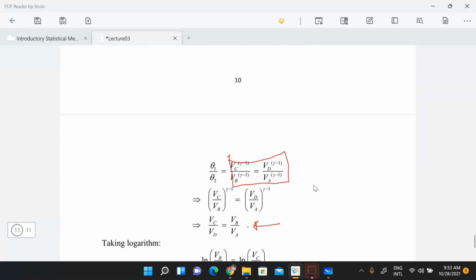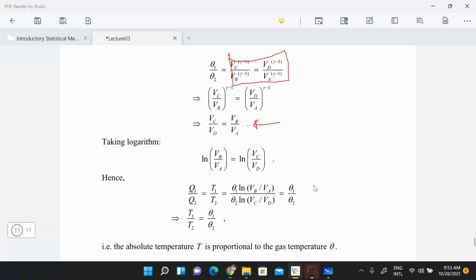We can take the log of that particular equation. Then you have log of VB divided by VA equals log of VC divided by VD.